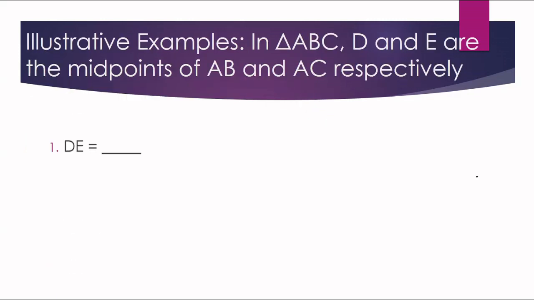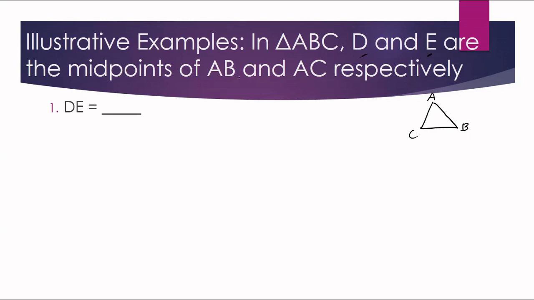Now, let us have more examples for you to understand better. In triangle ABC, D and E are the midpoints of AB and AC respectively. Let us find the unknown. Again, let us illustrate it so we can see better. We have triangle ABC.